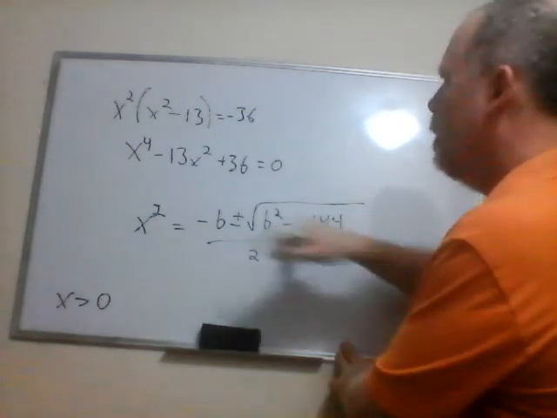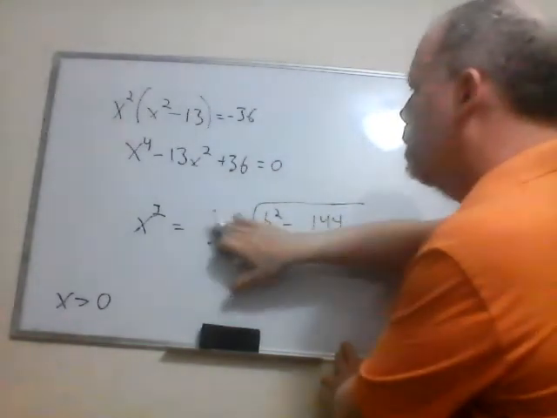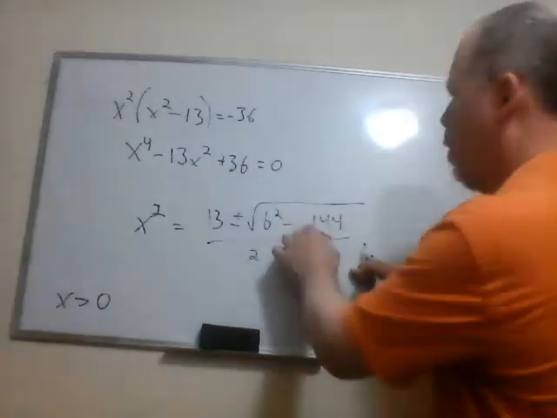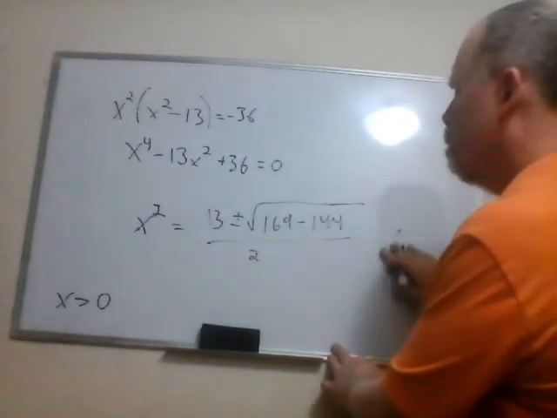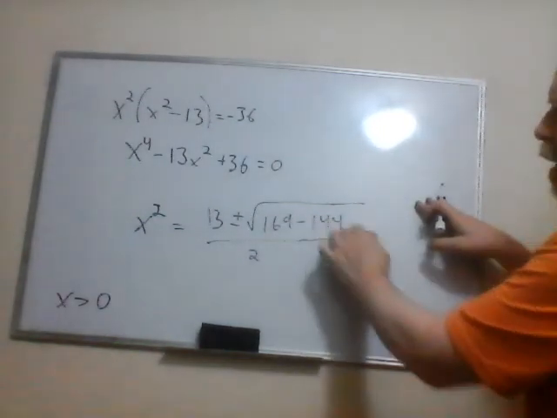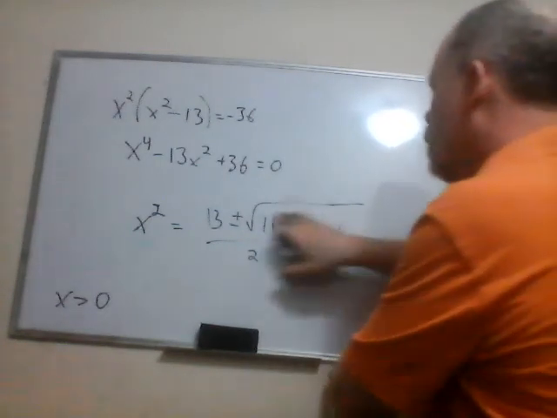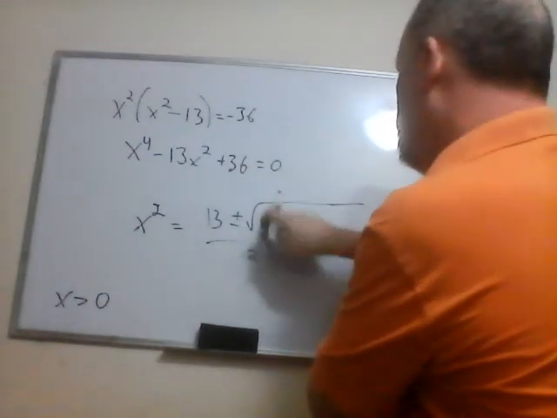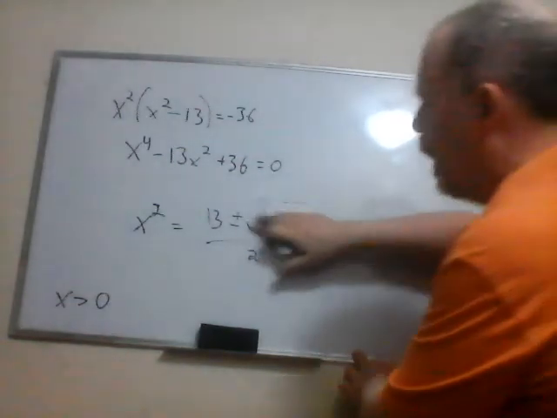This is minus, and that's 13. 13 squared is 169 minus 144. So a square minus a square. Would the difference also be a square? It could be. It should be 25. The square root of 25 is 5.